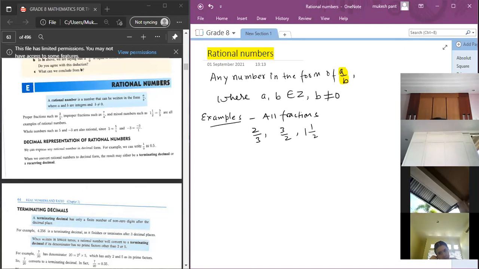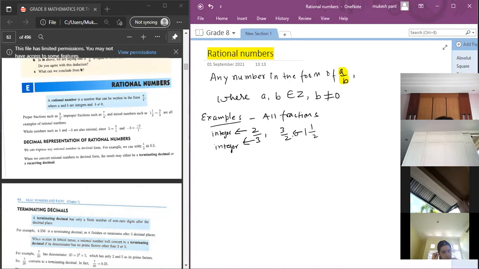What is the definition? Look, this 2 is an integer, 3 is also an integer. If you look at this number, 2 is an integer. This 3 is also an integer. And this mixed fraction: if you convert this mixed fraction into improper form, 1 and a half will be 3 over 2.